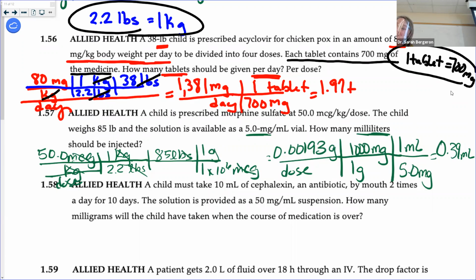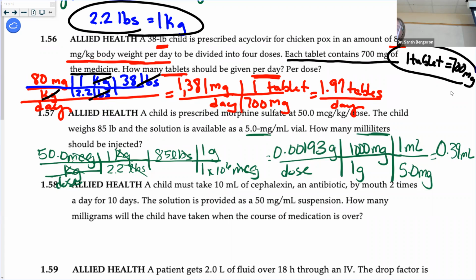Okay, you tell me. What's my lowest number of significant figures? 38 is how many? 2. 80 is how many? 1. 700 is how many? 1. What should I give it in? 1.